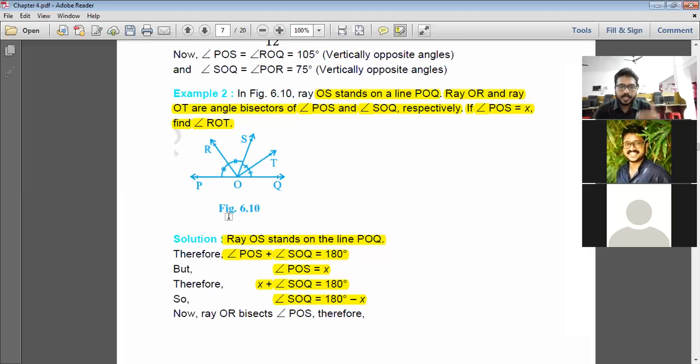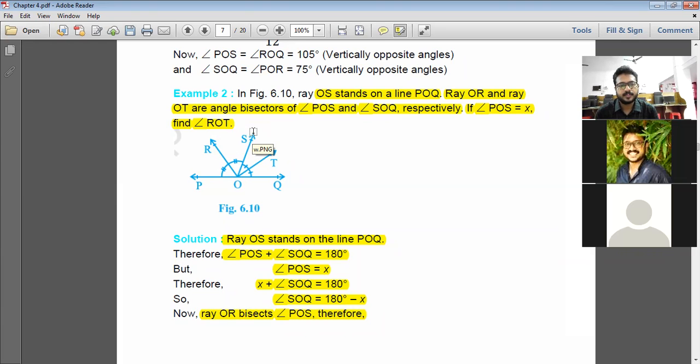Okay. So now we are considering the next case. Ray OR bisects angle POS. It is given in the question. So what can you write?